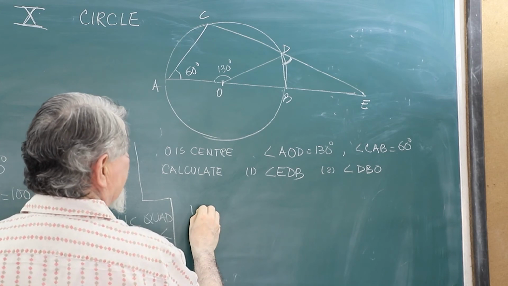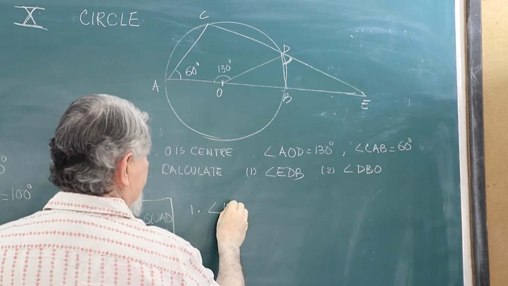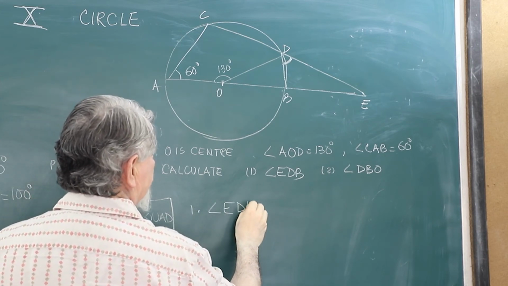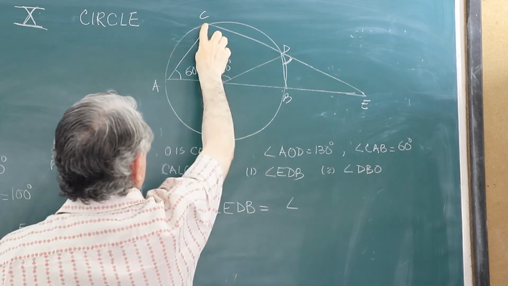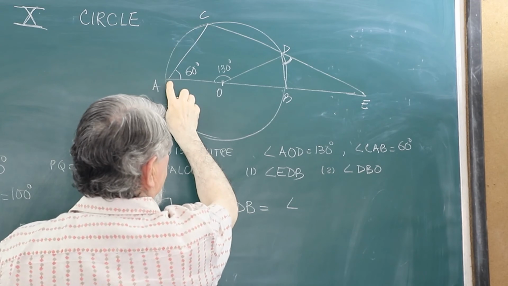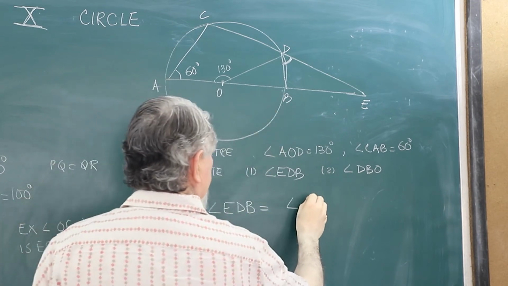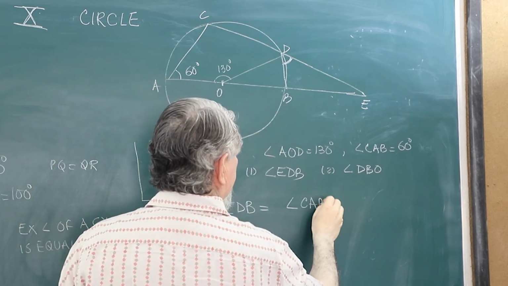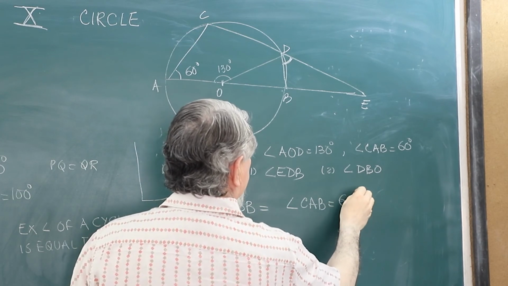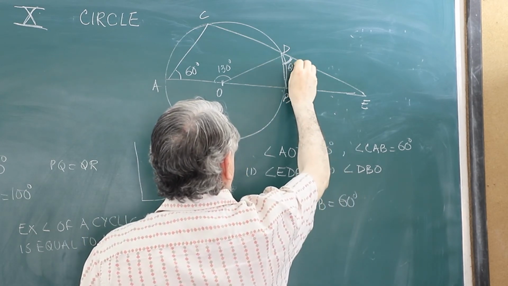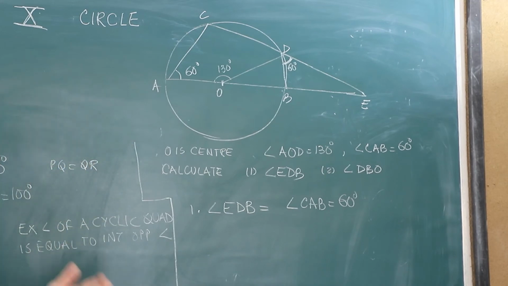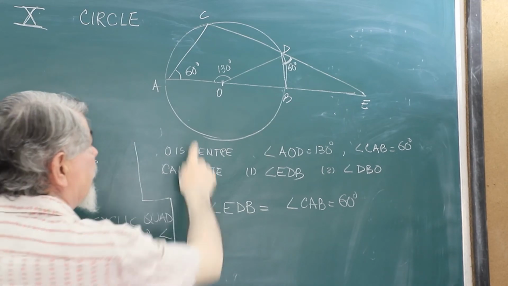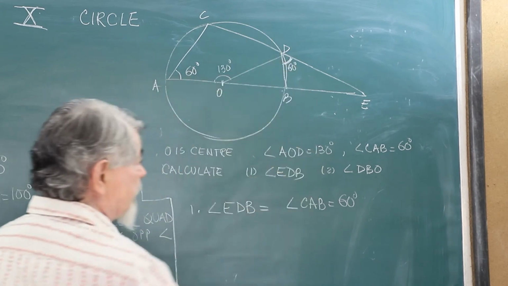So angle EDB will be equal to angle CAB. CAB is equal to 60 degrees. If it is 60, it is going to be 60.